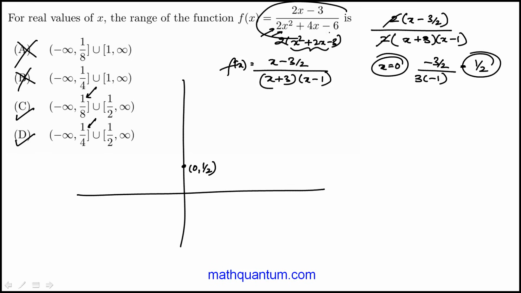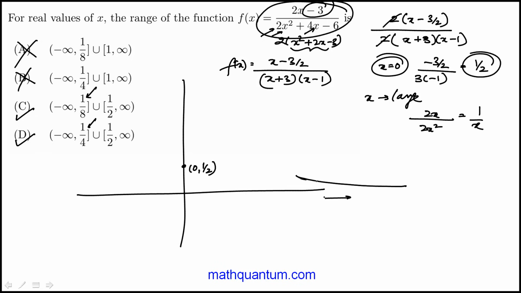If we look at what happens to this function as x becomes really large, you can drop this term, and again 4x would be really small compared to 2x squared. So it will become 1 over x, and it is positive if you're looking on the positive x-axis. So it's going to go to 0 as x becomes large, something like that.